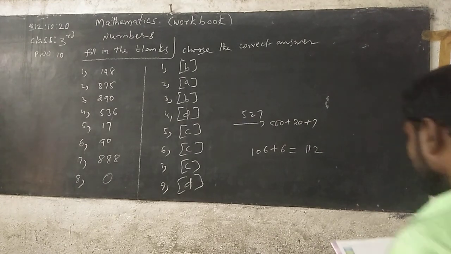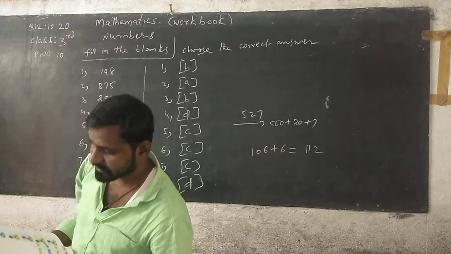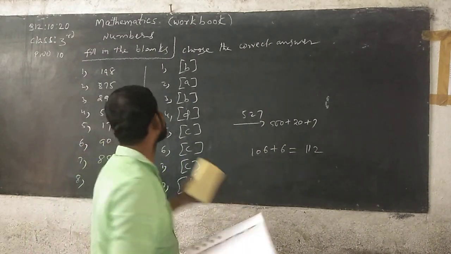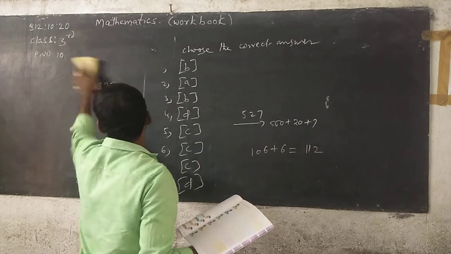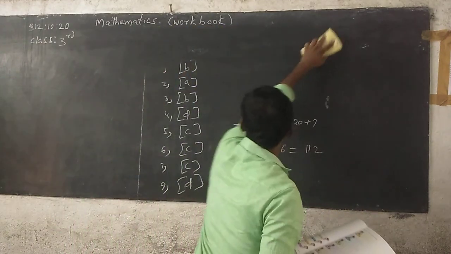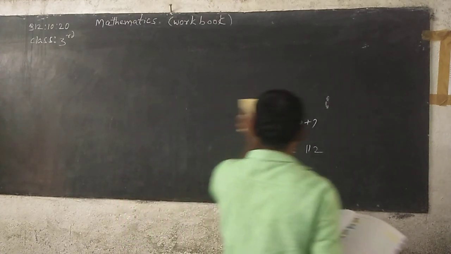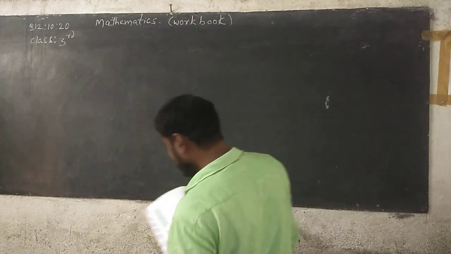See here, listen. Write the place value chart for the following numbers. This is also very easy.